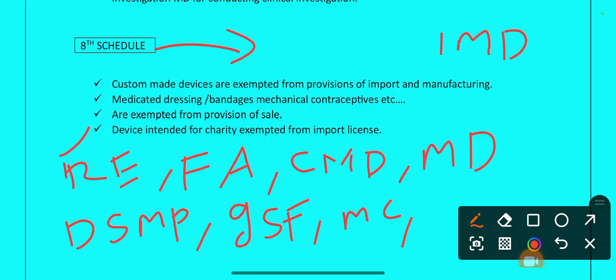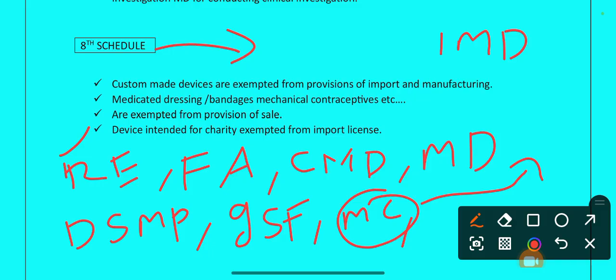Okay, this is custom made devices. Mechanical contraceptives: what is the function of the eighth schedule here? They are exempt from sales license requirements if sold within their shelf life and adhering to product label claims.